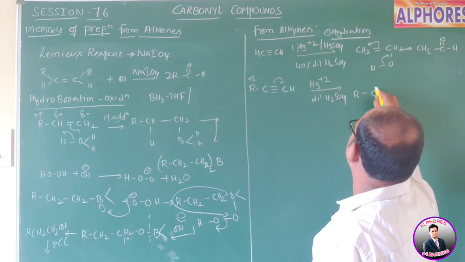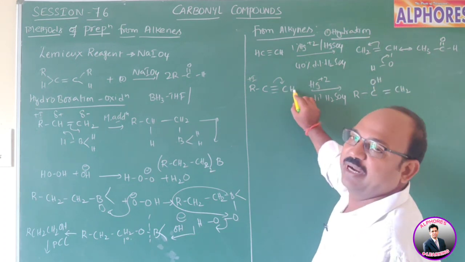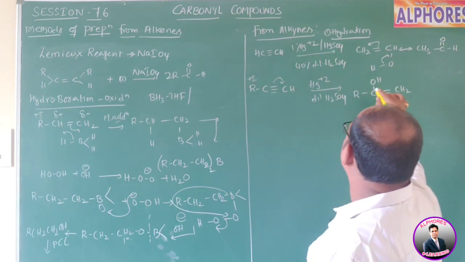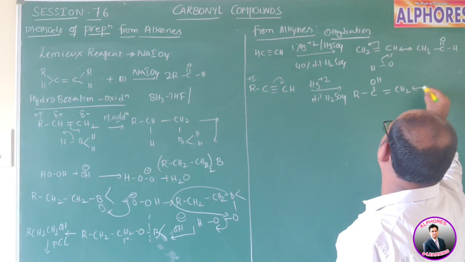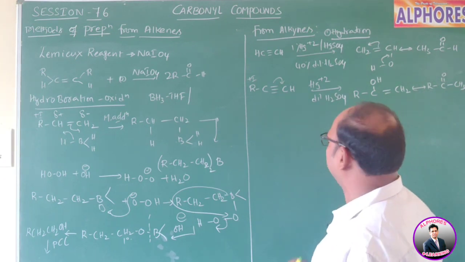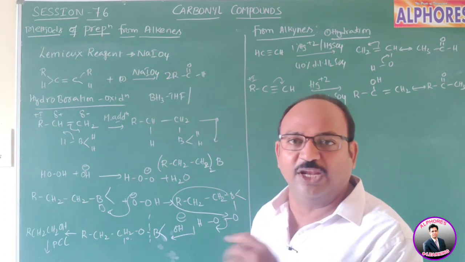The resultant is RC(OH)=CH2. So H+ attaches to this carbon and OH to this carbon, again Markovnikov addition, and we get enol. This enol upon tautomerization gives CH3-CO-R, which is a ketone. That means here you can prepare only ketone.